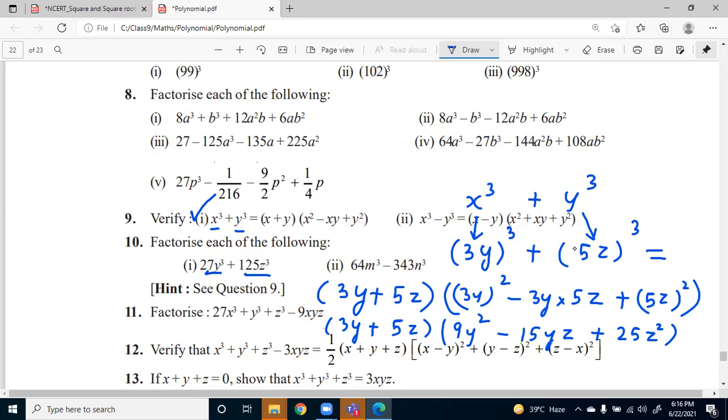So you should apply which identity? Okay, no problem. Just complete it and do tell me, then I can erase and do the second part.